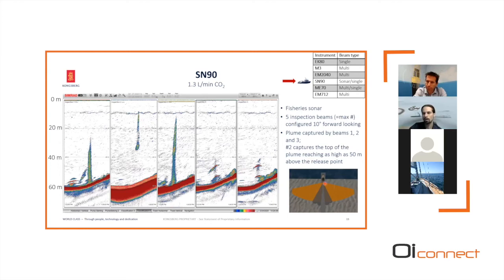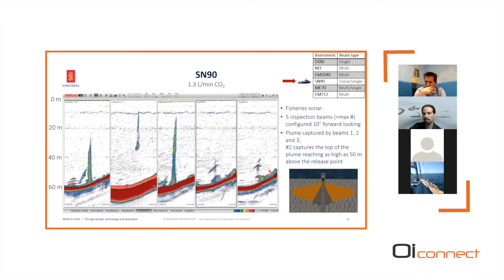Now we move on to the fisheries sonar, the SN90, and again we look at the images obtained with 1.3 liters per minute from the CO2 plume. Here the device was configured with 5 beams, here indicated in gray: 3, 4, 5.